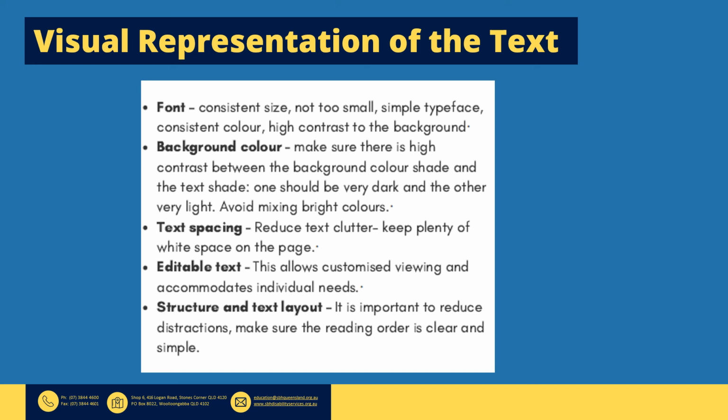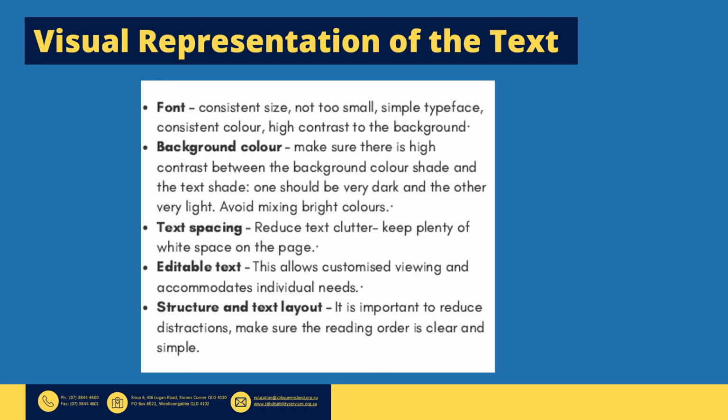Some of the ways that we could change the format of the way the text looks would be the font. Make it consistent, not too small. A simple typeface. Consistent color, high contrast with the background. Background color would also need a high contrast between the background shade and the text shade.